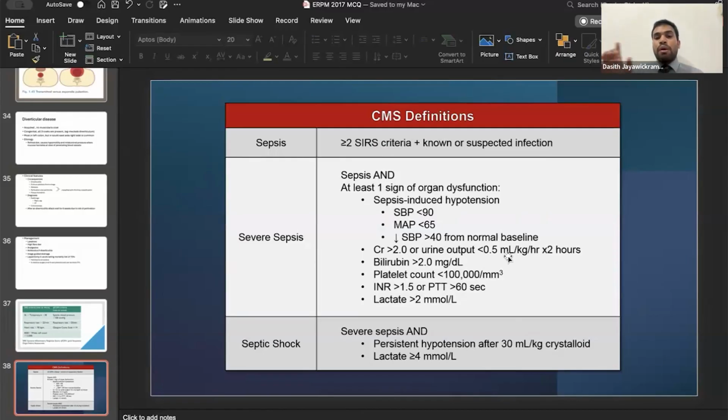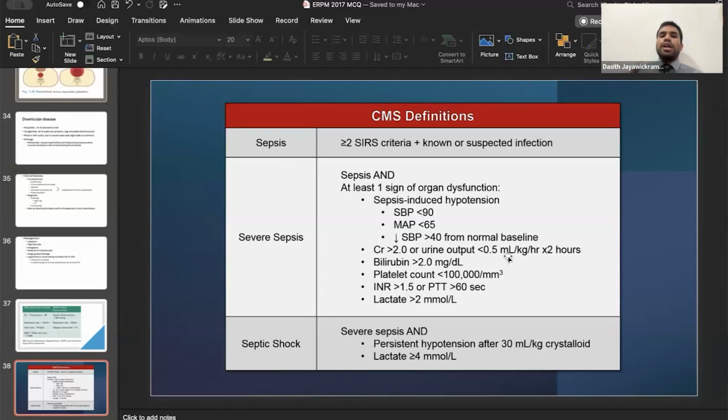Now imagine the patient is a hypertensive patient. Do we wait until the patient's blood pressure drops below 90 before we call it organ dysfunction? No. Imagine the patient usually has a high blood pressure of 180. Now the patient's pressure is 110. Is that hypotension? Yes, the patient's normal blood pressure has reduced.